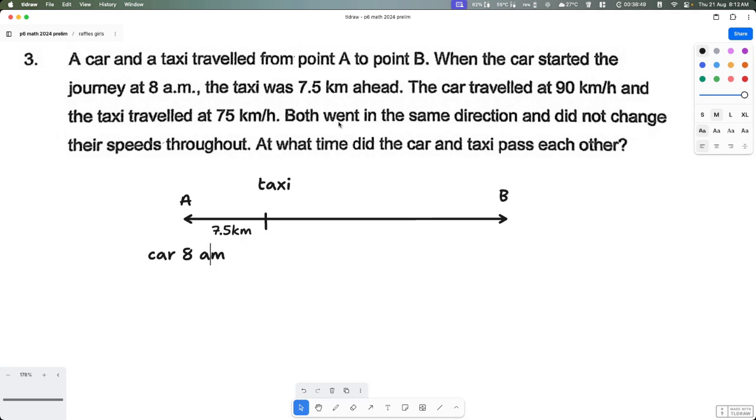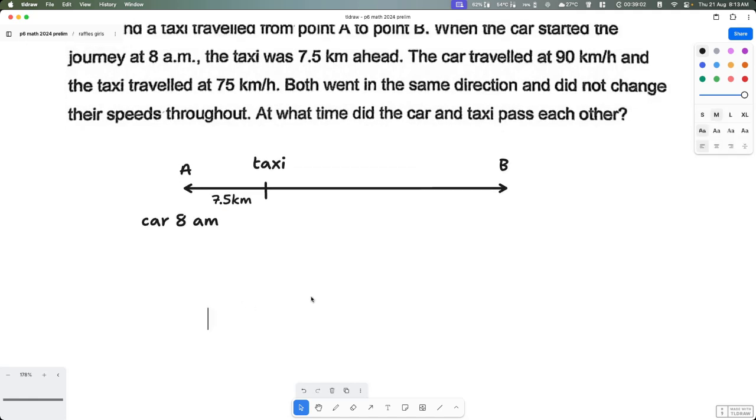In this case, we can find how much time it takes for them to pass each other. Let's find the difference in speed for the taxi and the car. It is 90 minus 75, which is equal to 15 kilometers per hour.